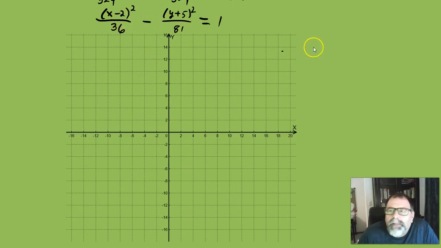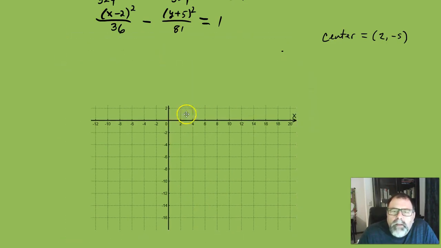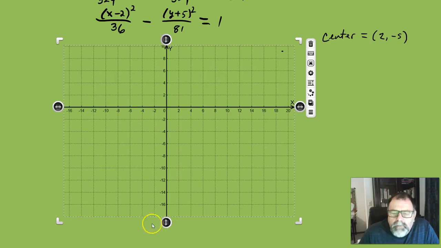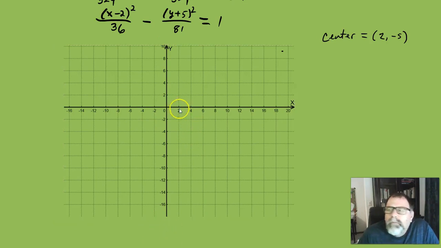Okay, so let's start. Center is, remember, switch the sign. So this would be 2, -5. So I go to 2, -5, which is right there. Actually, we can move this. So 2, -5. And then under the x, remember that's plus or minus 6.